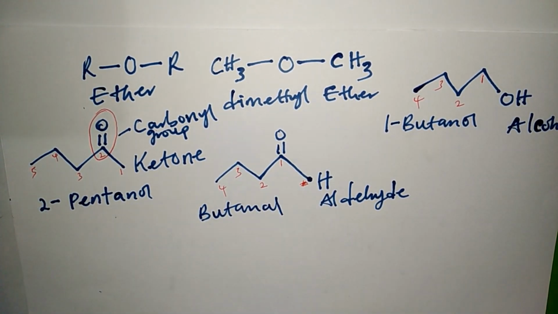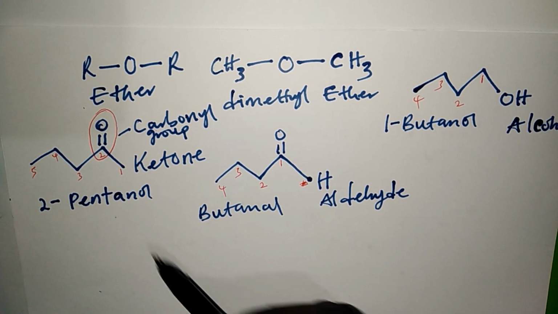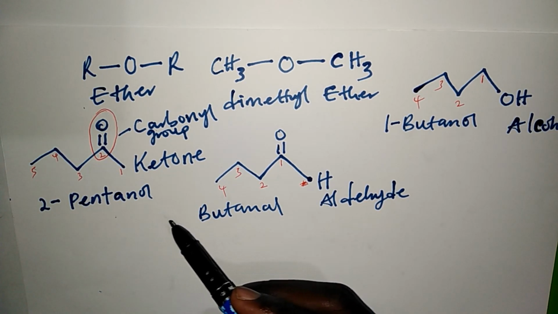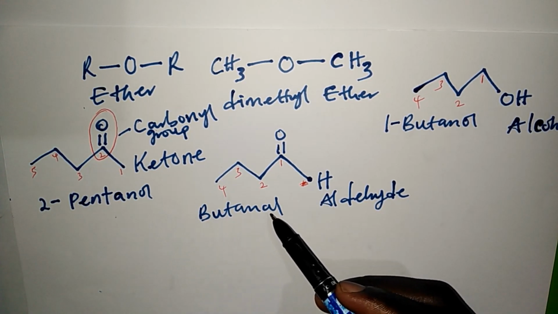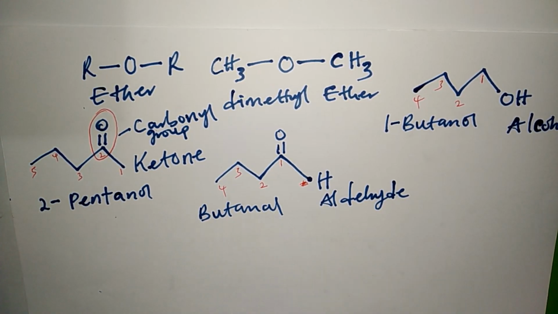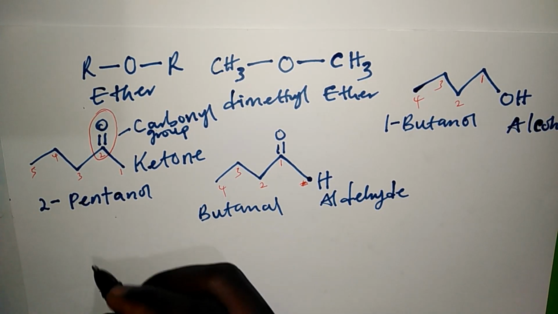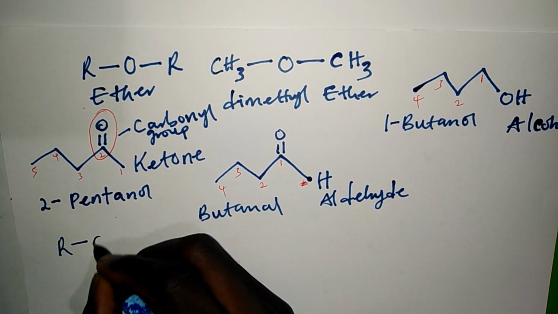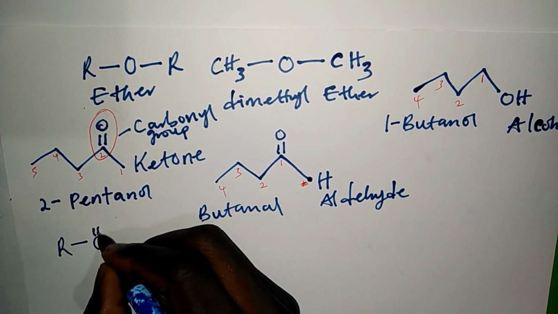Now you see for a ketone, you drop the ending E and put ONE, while for an aldehyde you drop the ending E of the alkane and put AL. Now this is a generic form for a ketone. A ketone has this particular generic form. We have R, right?